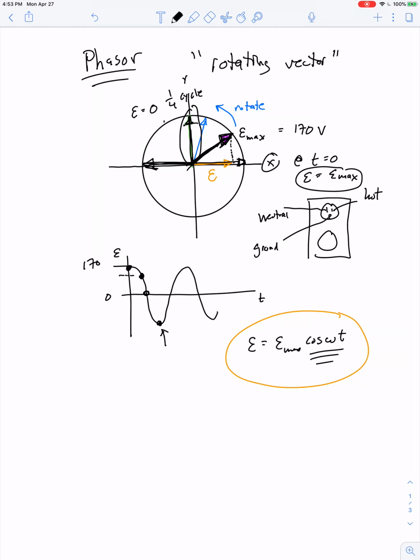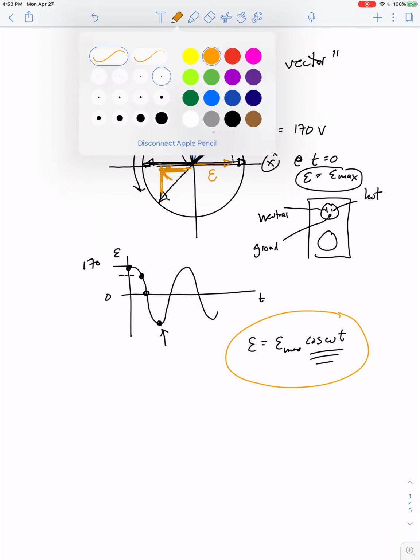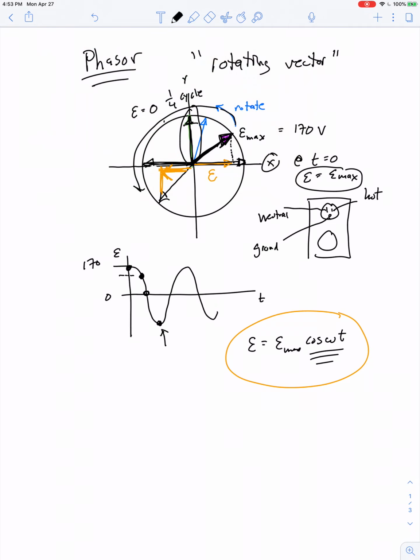So what data point are we going to get when the phasor has rotated counterclockwise all the way into this position? Well, we're projecting this far onto the x-axis, and that corresponds to maybe that data point.